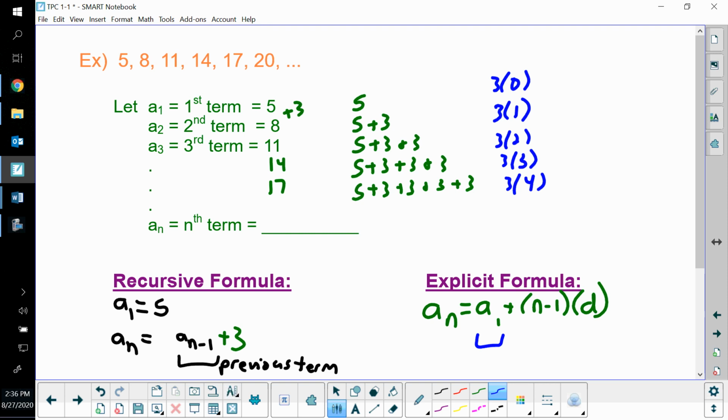Notice the first term had 0 3s, the second term had one 3, the third term had 2 3s, the fourth term had 3 3s, the fifth term had 4 3s. So there's always n minus 1 3s. If we're looking at the sixth term, we would have 5 times 3 going there. That's where that is coming from. And again, we'll work with that formula a bit more tomorrow.